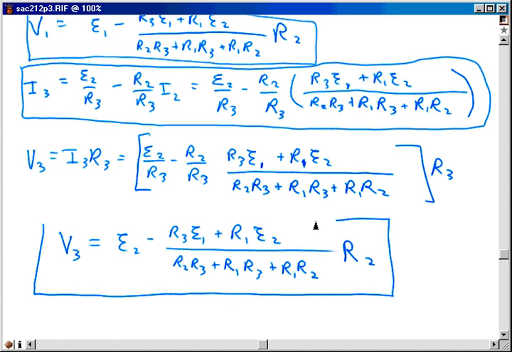And that's our expression for V3. Voltage across resistor R3, and that does it for the problem.